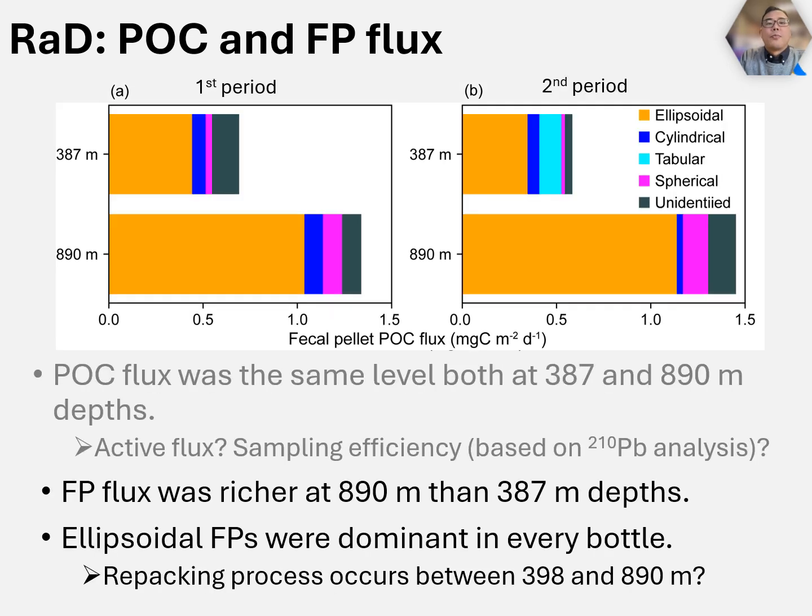When we see the breakdown of the fecal pellets, ellipsoidal types are dominant in every bottle. The difference in fecal pellet flux between the two depths is due to the contribution of ellipsoidal pellets. The increase of ellipsoidal fecal pellets indicates that the packaging of suspended particles occurs between these two depths.